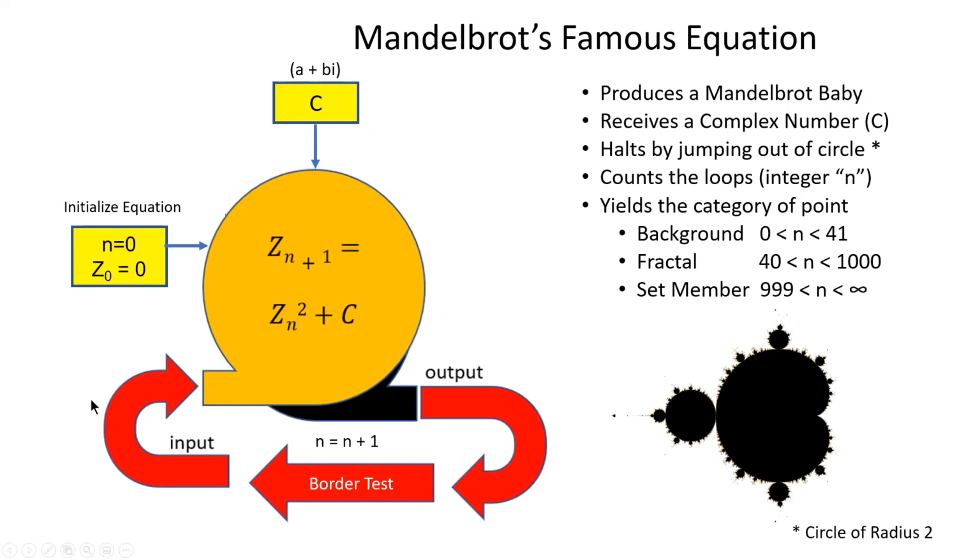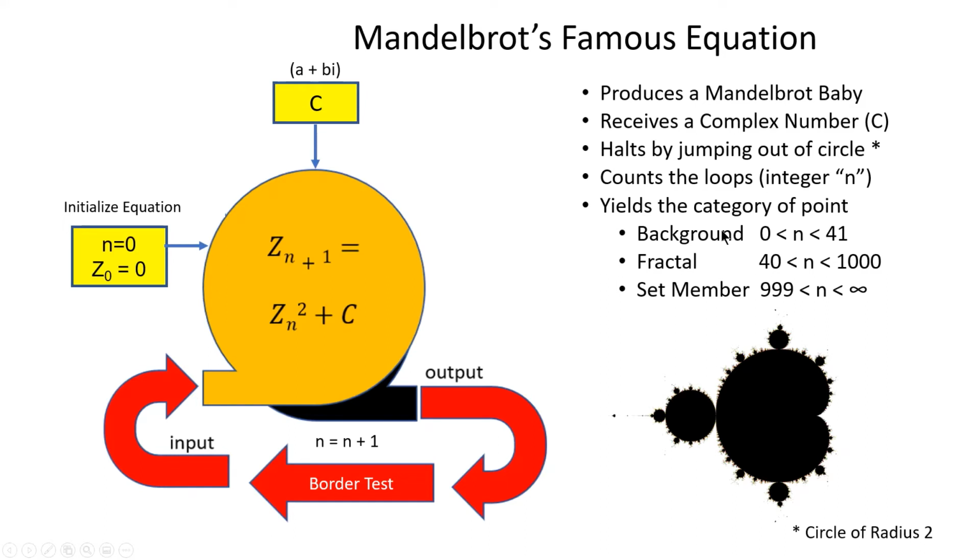And each time it loops, n is incremented. So n will always have the value of the number of loops. So when it stops, we know that n is the number of loops that it completed. And then we can tell what kind of point it is.